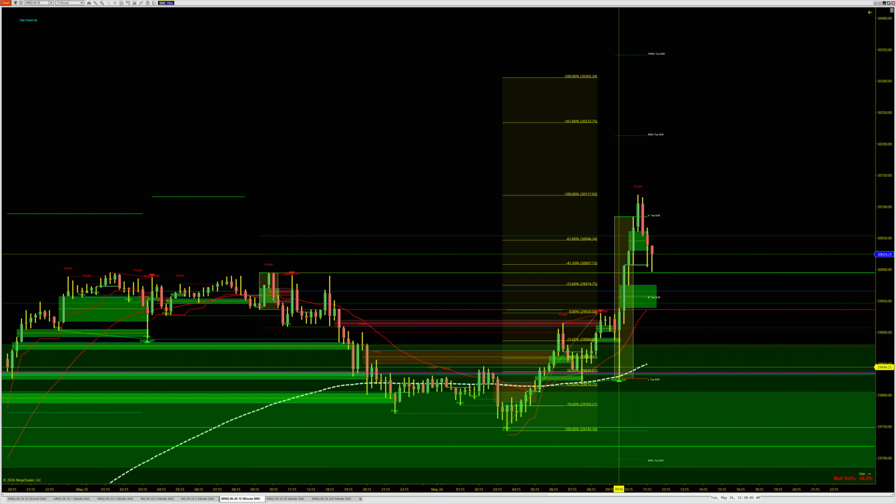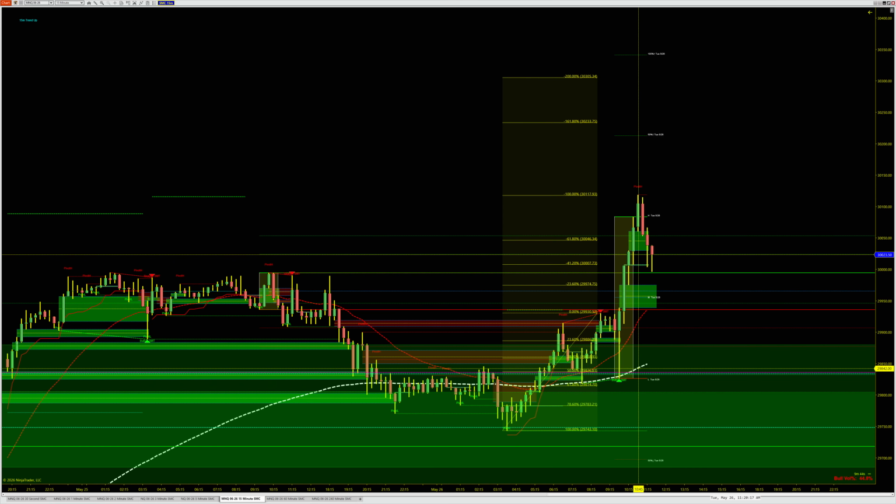That happens when price falls to that discount area because I'm expecting a reversal once that happens, and sure enough we got it. And you can see here's a bullish SMT right here that happened to fire.